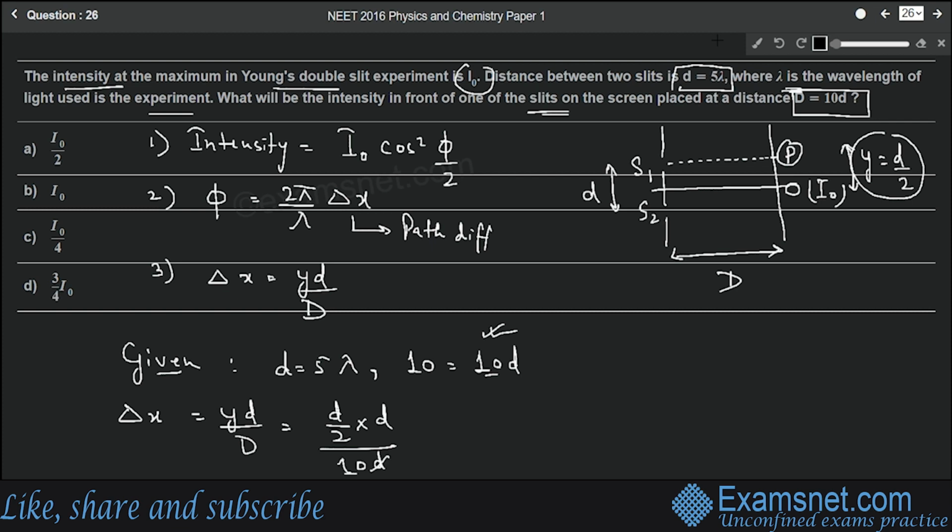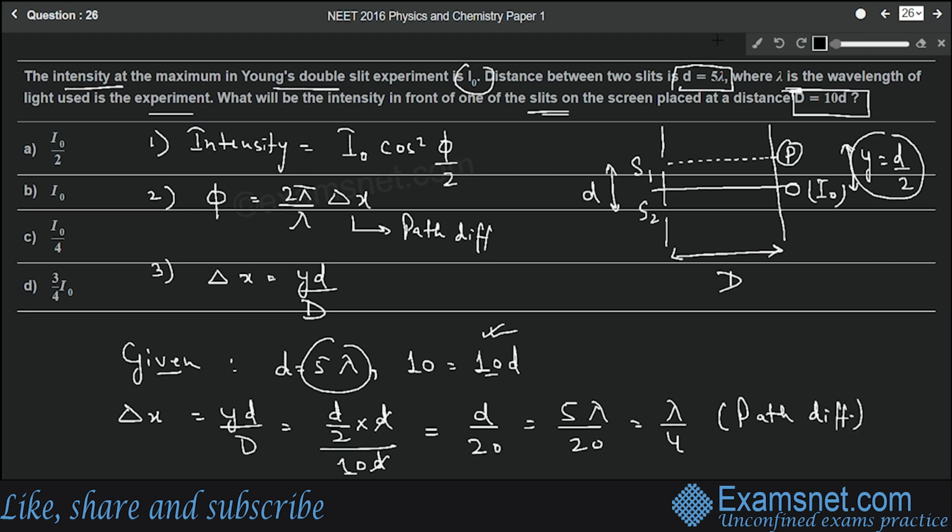So one small d will be cancelled from here. Here we'll have d by 20. And what is the value of small d? It is 5 lambda. So 5 lambda by 20, that means lambda by 4. So lambda by 4 is the path difference.